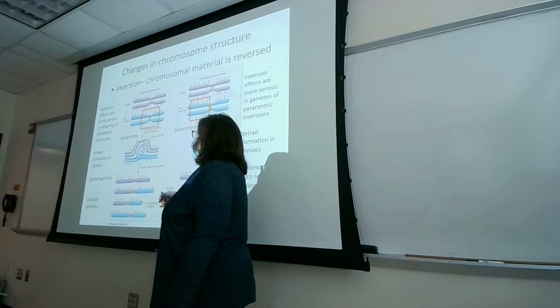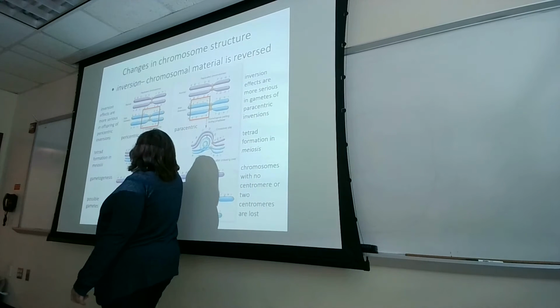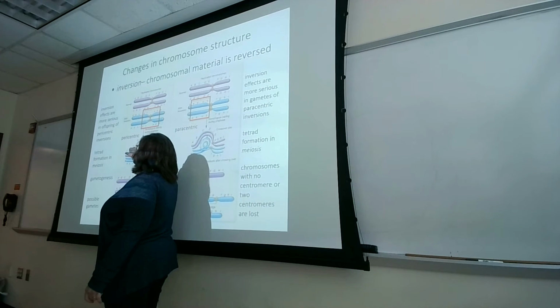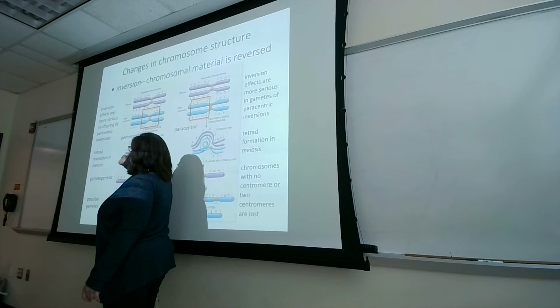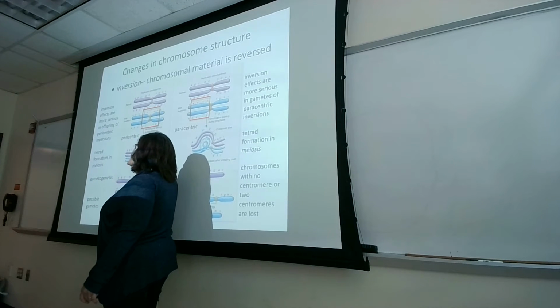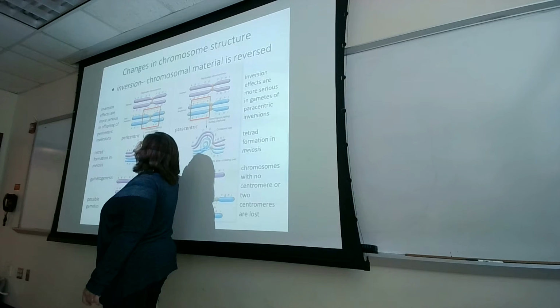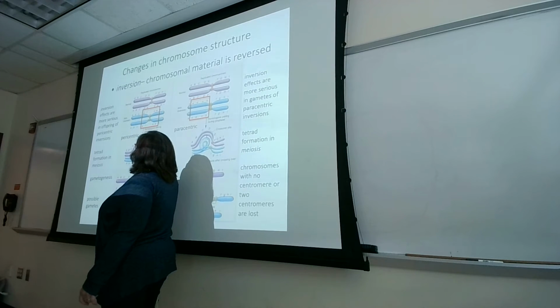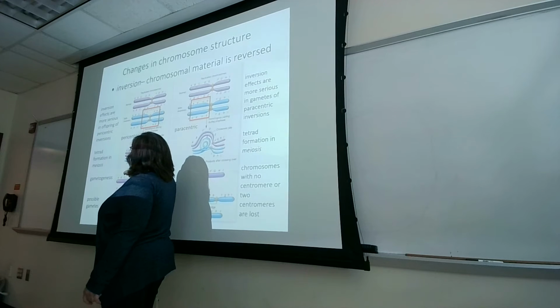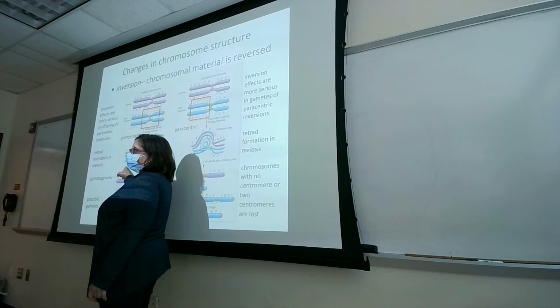Now the outcome of that, if you follow the chromosomes and you follow the crossover that happens between the two sister chromatids, this is going to be big A, big B, big C, big D, big E, all the way until you get to the crossing over spot, and then it's going to cross over to the blue chromosome, which is little f, little g, little c, little b, little a.